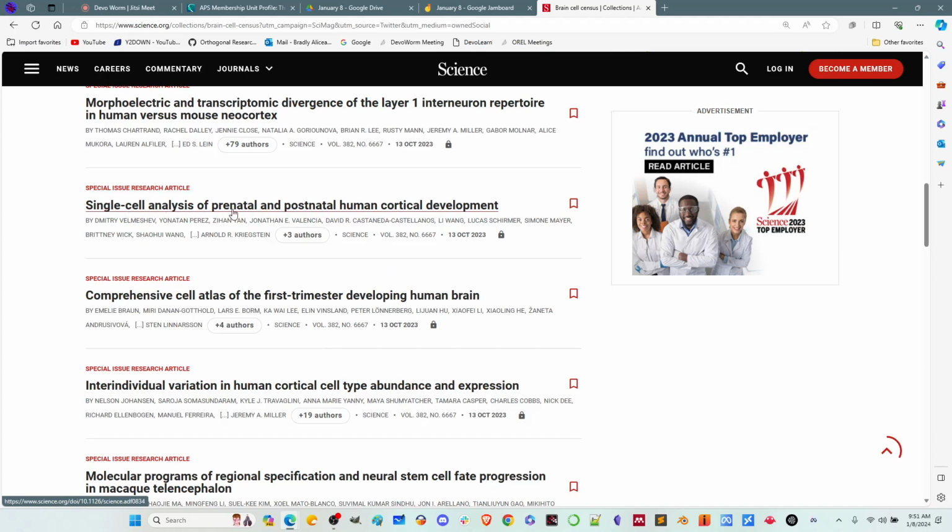This one's single cell analysis of prenatal and postnatal human cortical development. So this is where we have these 2 time points, prenatal and postnatal, and then you compare what they're expressing. In C. elegans, the difference there would be like looking at a larval stage, or the embryo, versus the adult worm or some later larval endpoint.